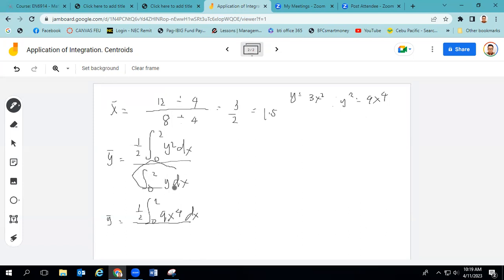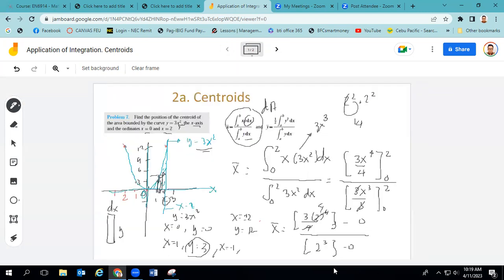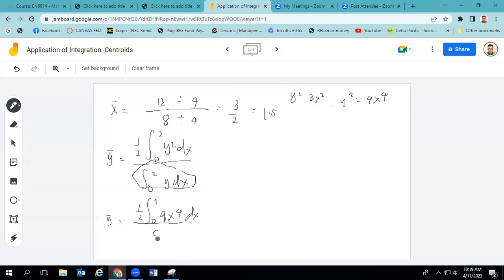How about this differential area? Actually, this 0 to 2 y dx is already this one. What's this one? 2 cubed, or 2 to the power of 3, or 8. Then just write 8. I'm done with that.